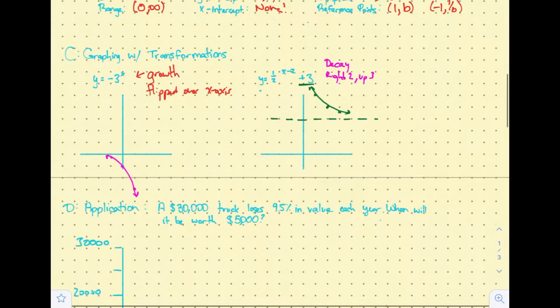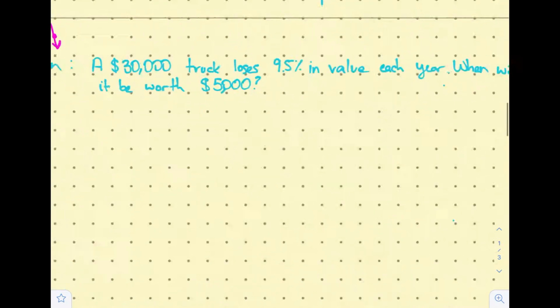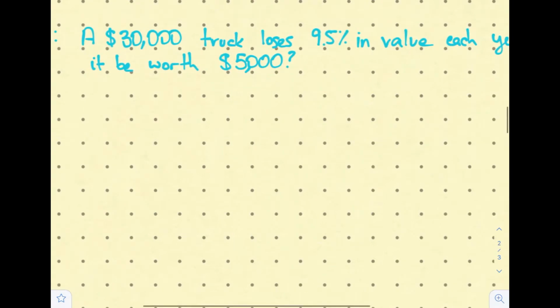Compound interest with banks, things gaining or losing value over time, are all going to be exponential growth or exponential decay. Here we have a truck that loses 9.5% value each year, and I want to know, when is its value $5,000? If our truck loses 9.5% each year, that means it's only going to be worth 90.5% after each year.